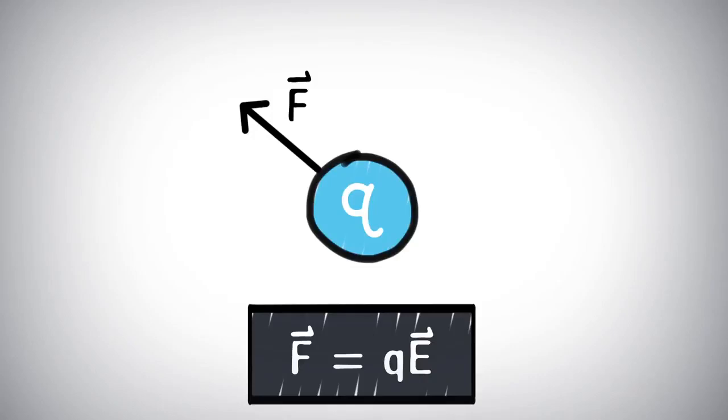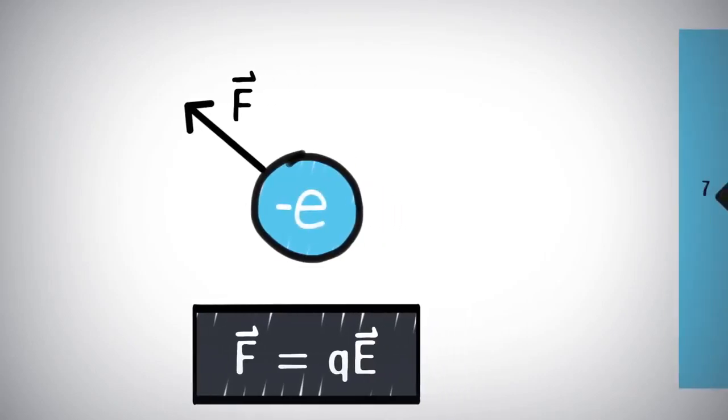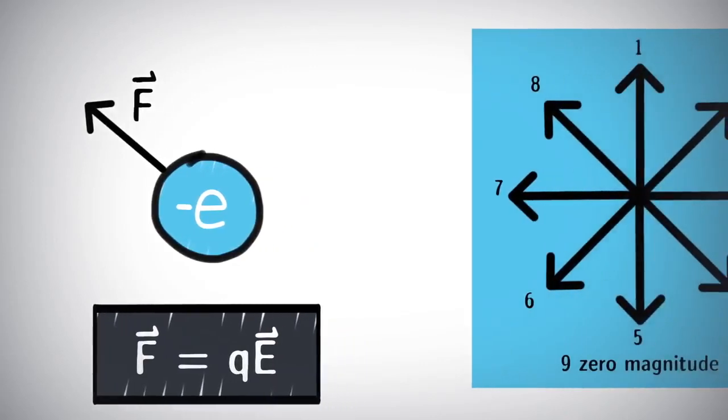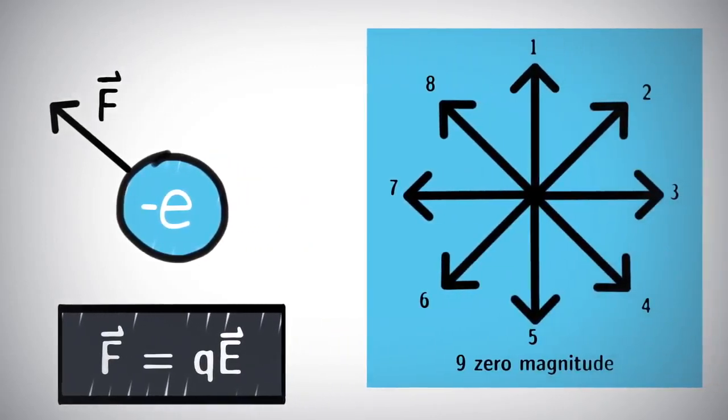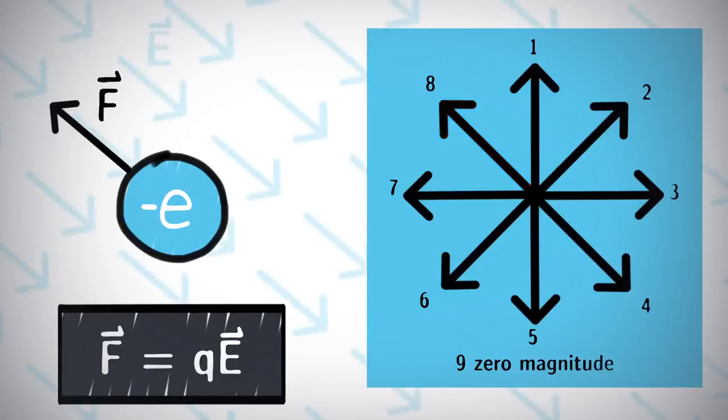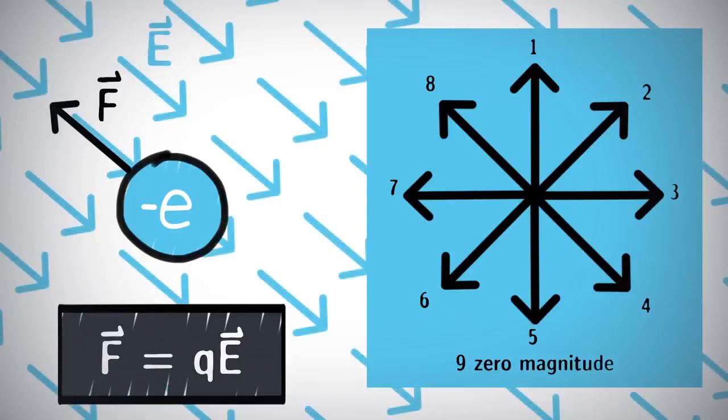Since in this example, the charged object is an electron, which has a negative charge, and since we see the electric force points in the direction of arrow number 8, then we know that the electric field must point in the opposite direction. That is, the electric field must point in the direction of arrow number 4.